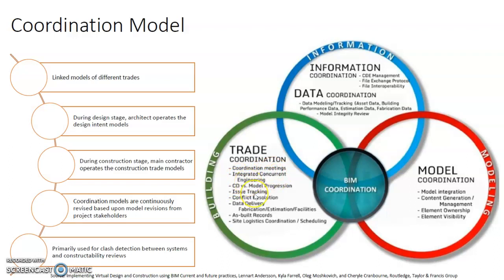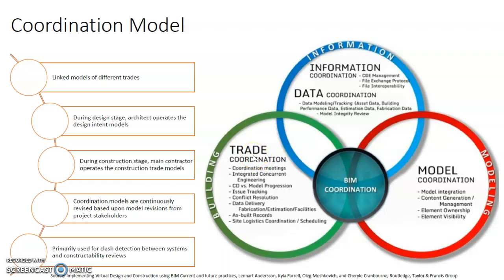So we will then discuss the conceptual design versus the model progress along the different stages of construction. We will track the different issues, resolve the conflicts, and look into fabrication, estimation, facilities, delivery, the possibility of the different stages of site records, or the site logistics coordination and scheduling. That is what we call trade coordination.